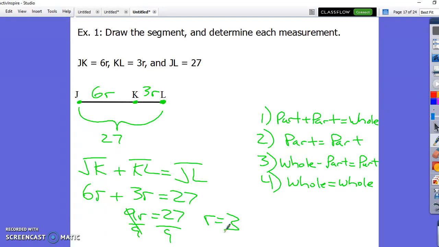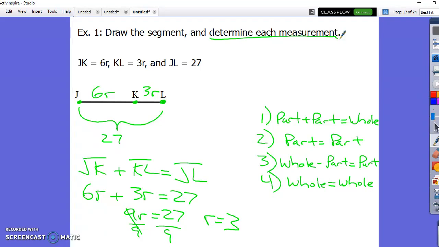Good, Emily. How did you know that we needed to do that? Yeah, you got to read, right? Determine each measurement. Remember, I started off with a 5-minute harangue on why you needed to read.